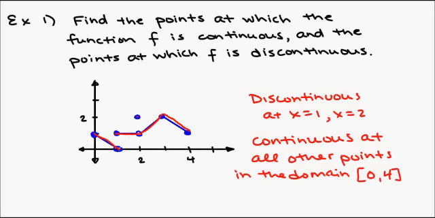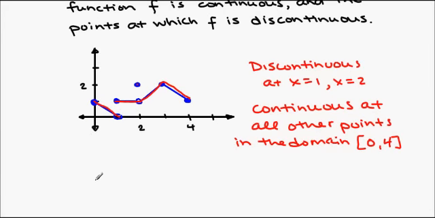Square brackets mean inclusive. And you'll notice that the points at which this graph is discontinuous are the points where the two-sided limit either does not exist or where the function is not equal to the two-sided limit. If I took the right and left hand limits of x approaching 1, the right hand limit of f of x, going this way, we get 1.